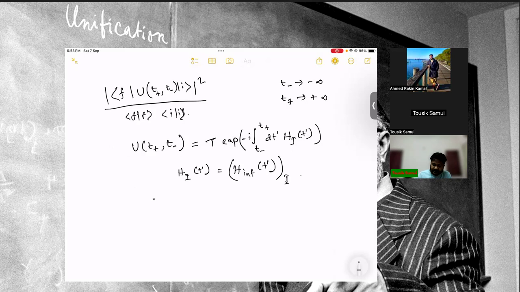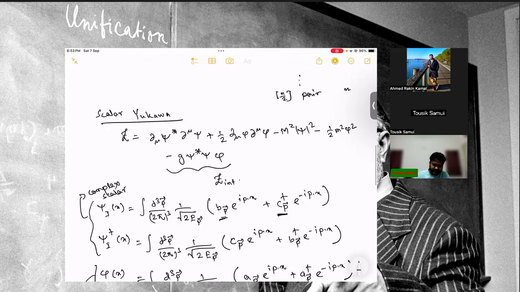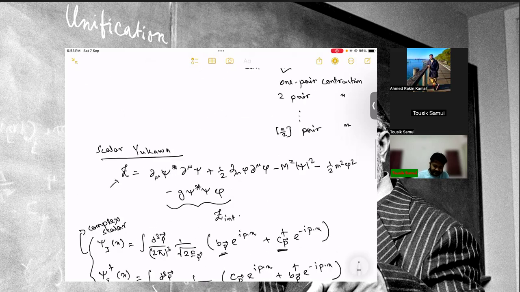And this H interaction is nothing but minus the Lagrangian interaction, where the Lagrangian interaction is given by the integral of the Lagrangian density d cube x. If we remember, the Lagrangian that we were writing is not exactly a Lagrangian, it's a Lagrangian density.